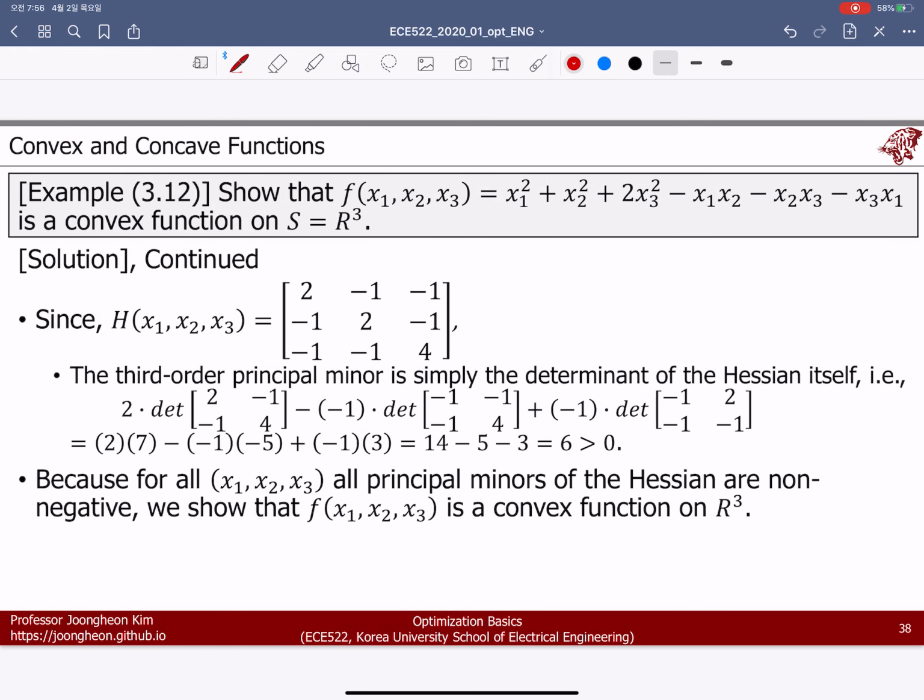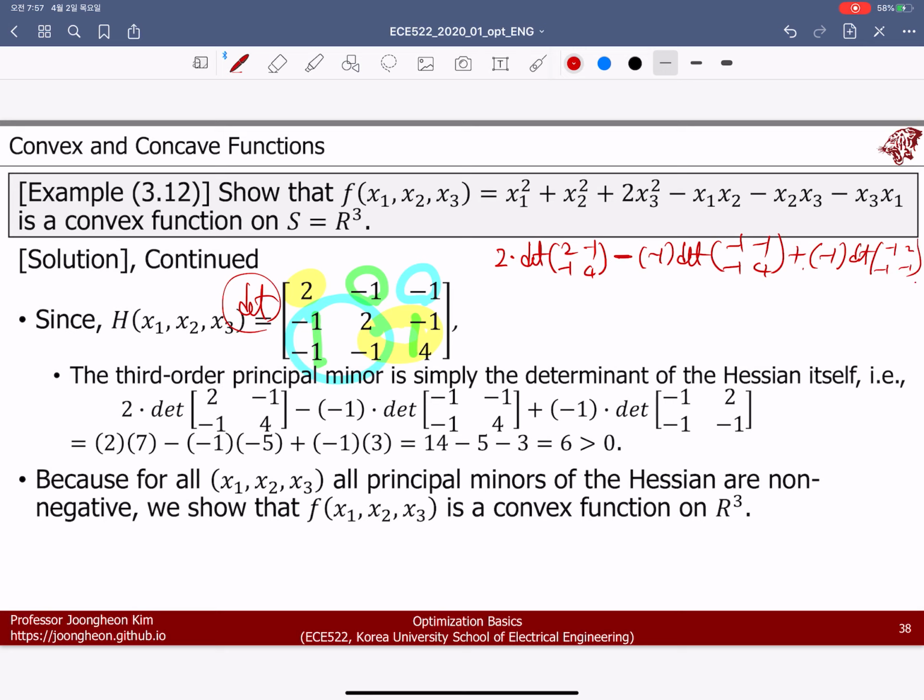So you have to keep in mind that in third order, you have to take the determinant of the entire Hessian matrix. So in that case, the determinant can be obtained as follows. You take this one at first, and then you take this one. So then you are doing 2 times the determinant of 2, minus 1, 4, and minus, then you take this one and this one and this one, so minus 1 times the determinant of minus 1, 4, plus, you take this one and this one, plus minus 1 times the determinant of minus 1, 2, minus 1, minus 1.